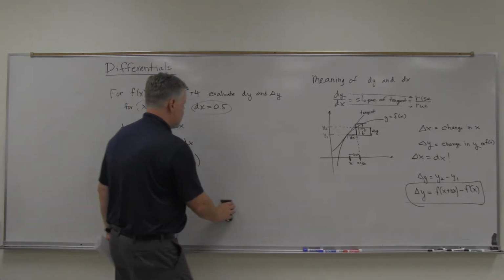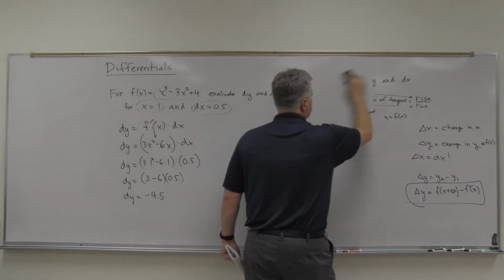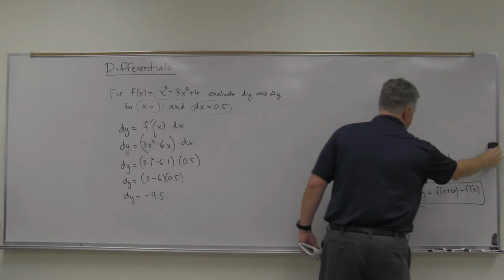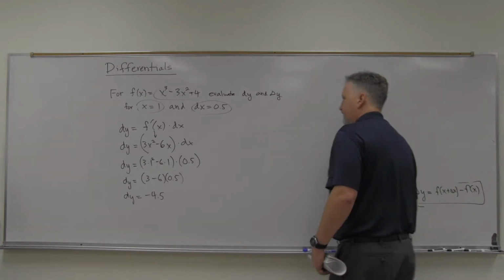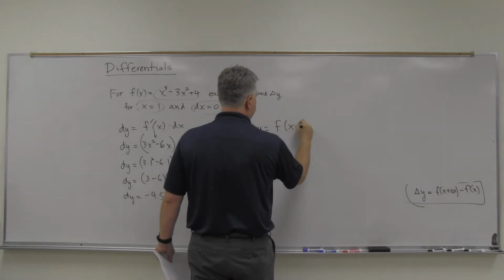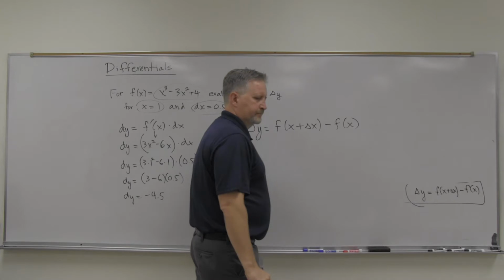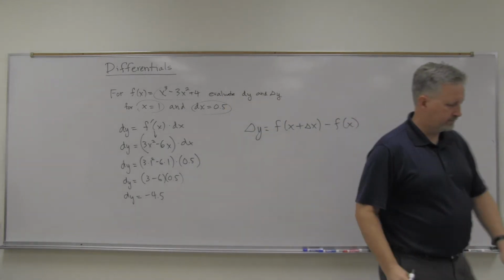All right. So now delta y, here's our delta y formula right here. Delta y equals f of x plus delta x minus f of x. That'll give me my delta y.